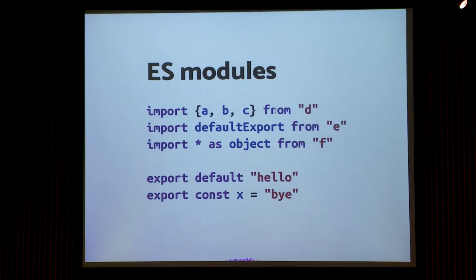Whereas with imports, you're actually creating local bindings, which are directly linked to the actual binding in the origin module, which is not often useful, but it can be useful, and it makes some things possible, which we'll see in a moment.